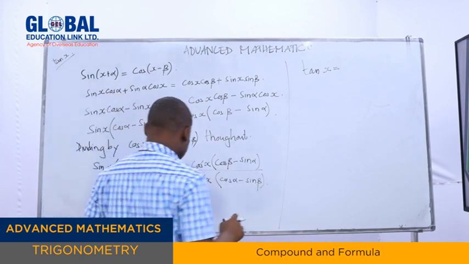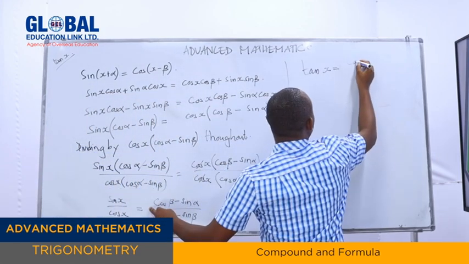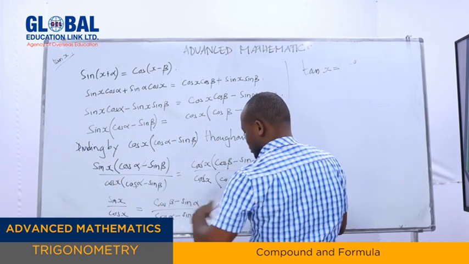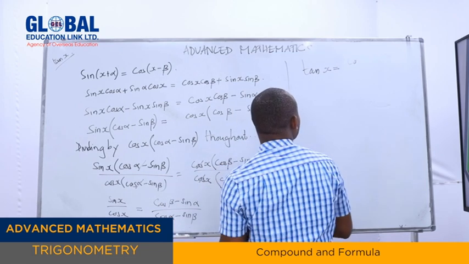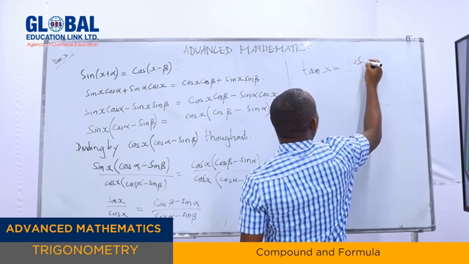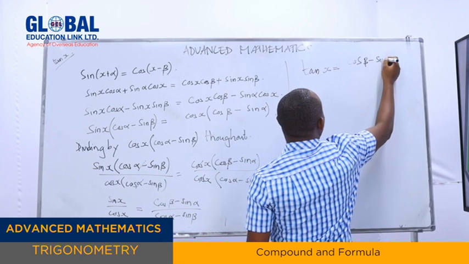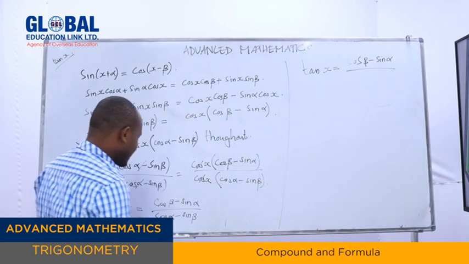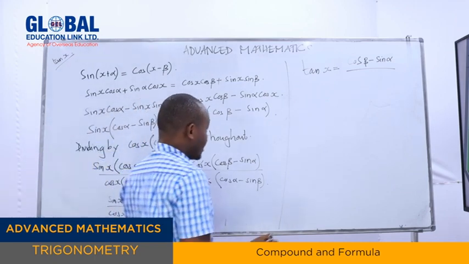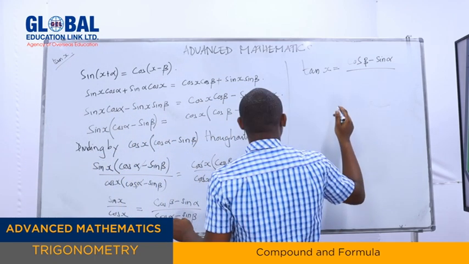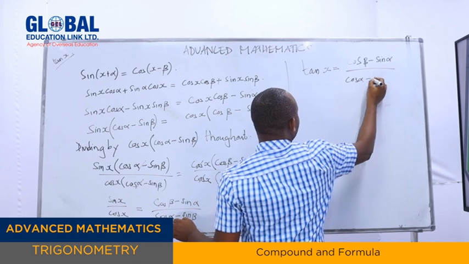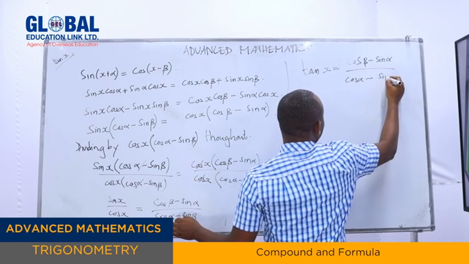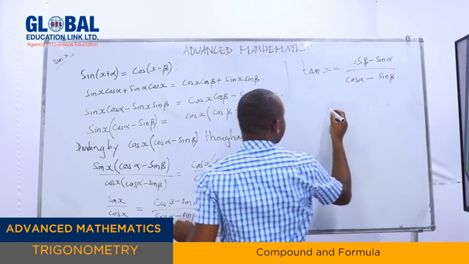Equals cos beta minus sine alpha over sine alpha minus cos alpha, minus sine beta.